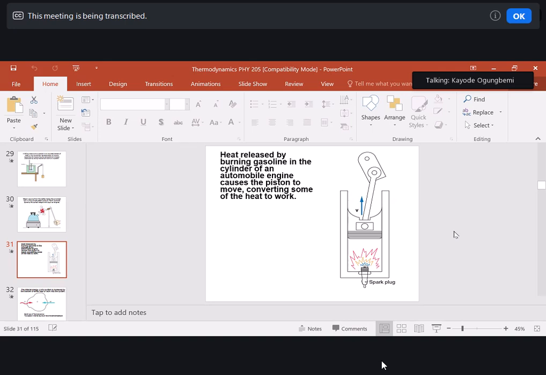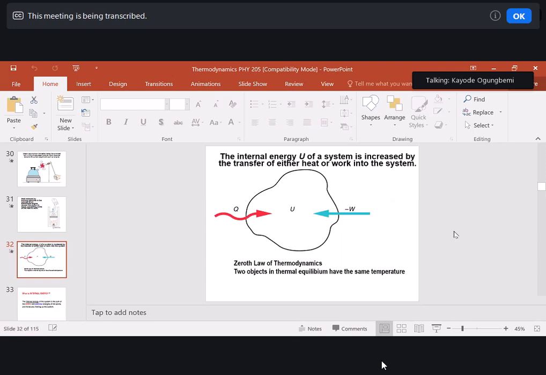The gasoline is allowed in and the spark plug is burning it. By the time it's burning, you see the piston moving up and down. So work is done. The heat is converted to work done by moving the piston up and down, and that is the process in your automobile.